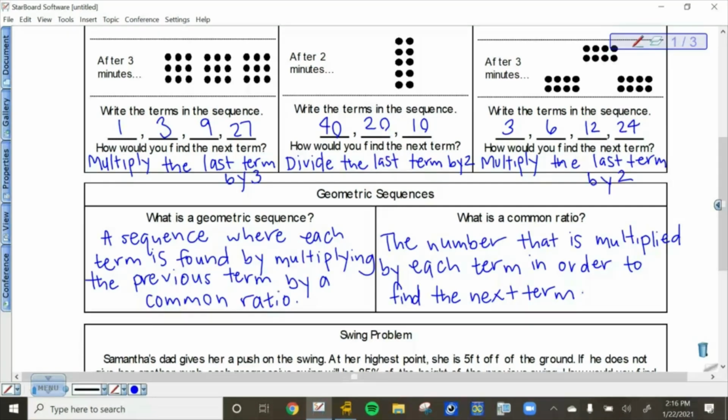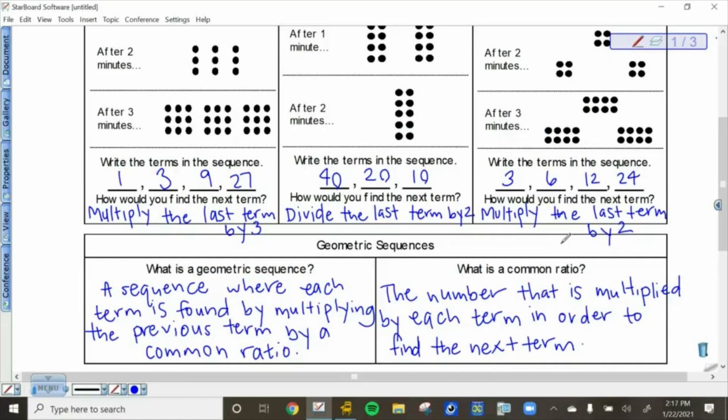So I just said that geometric sequences are sequences where terms are found by multiplying each term by a common ratio. And I said that these three sequences we just looked at are all geometric sequences. However, in the second one, we weren't multiplying by a number, were we? We were dividing, right?